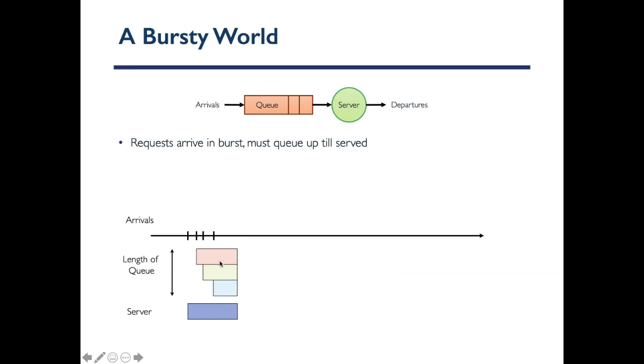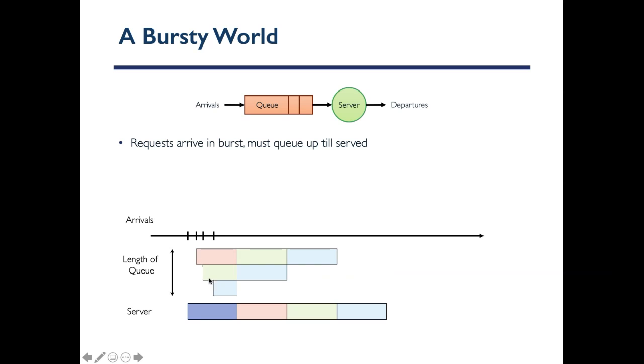So they all wait in the queue until the first one is served. Then the second one will come and be served. The third one and the fourth one will wait. Then the third one will be served, and eventually the fourth one will be served. So as you can see, the service time is the same for all of them.